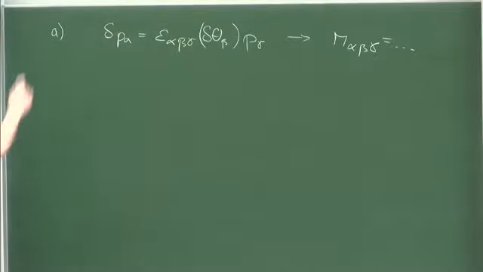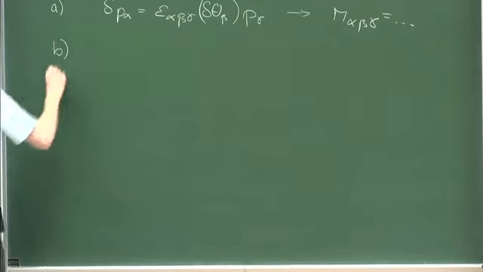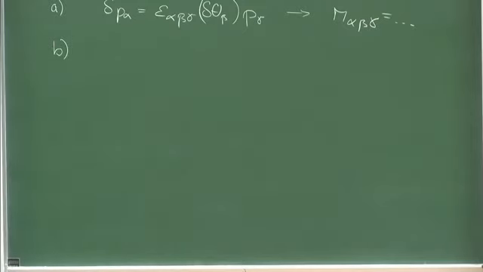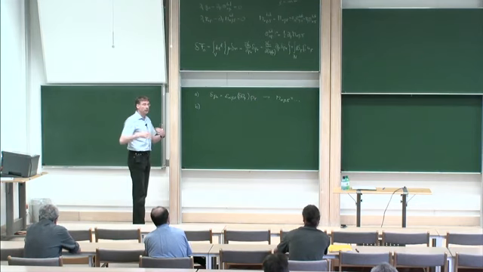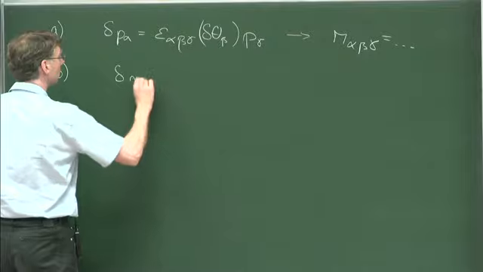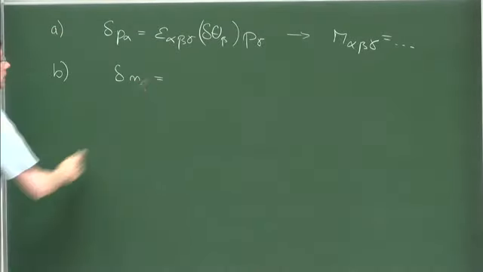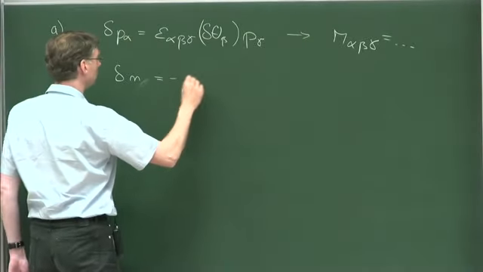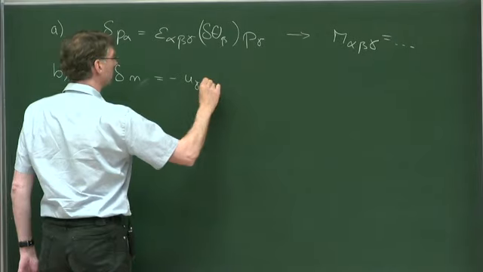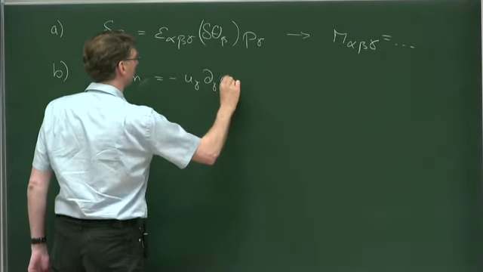And then the point came where I unfortunately confused you, and this was when I said, now let's look at a case where we look at displacement. In this case of displacements, I wrote down the variation in the density in the following way. I said, so this is u_gamma times the gradient d_gamma of n.